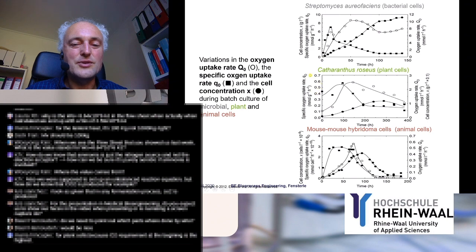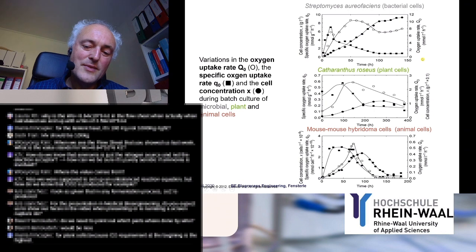That's very important. If you analyze this data, always check the scales. So you see, this is a specific rate per gram, another specific rate is per mole, and here it's per cell number. So the units here are always different. So you cannot compare directly the specific rates.